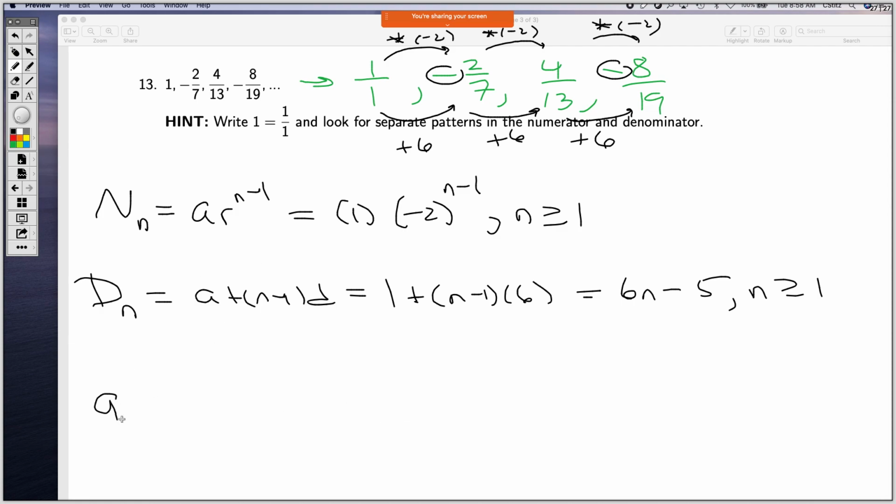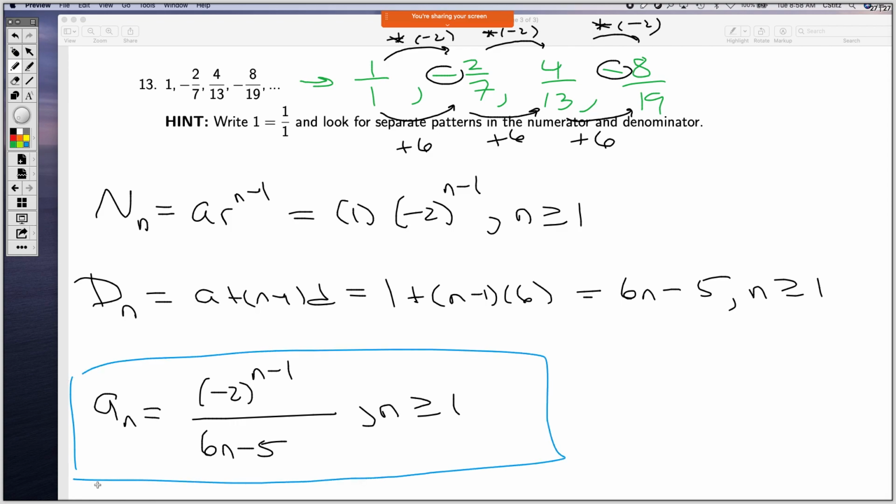I put these two together to get my sequence, numerator over denominator: -2 to the n minus 1 over 6n minus 5 for n bigger than or equal to 1. And once again, the ultimate check: start with n equals 1, plug it in, list out the terms.